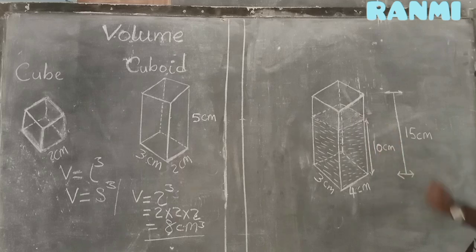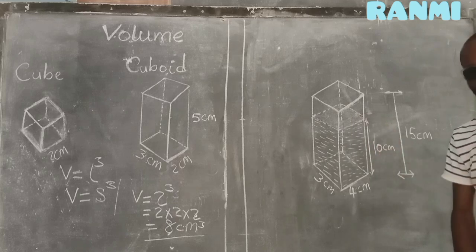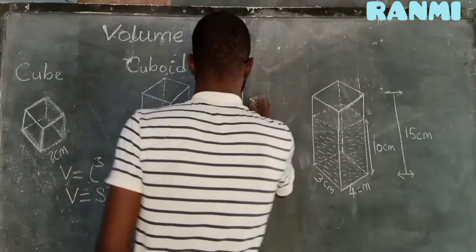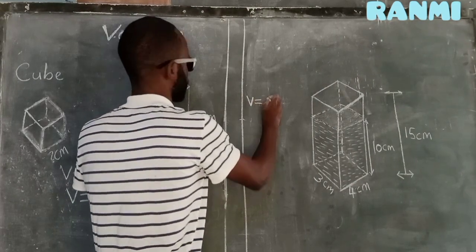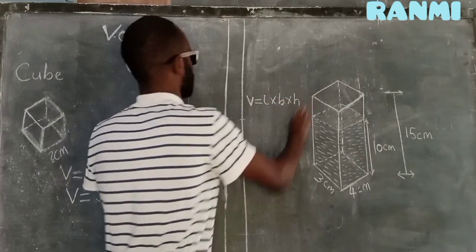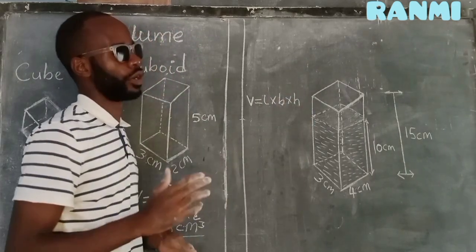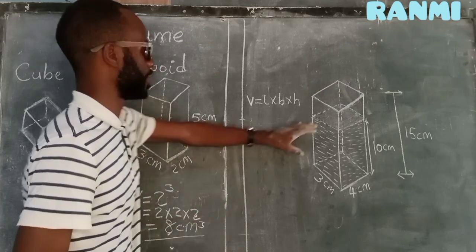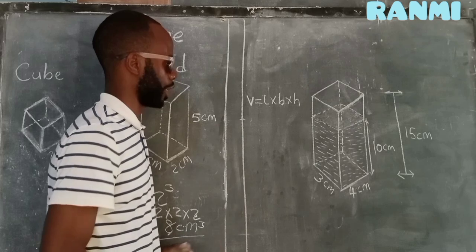This is 10 centimeters. We can use the formula for the cuboid, which is volume is equal to L times B times H. Now, remember that we are calculating the volume of the liquid which is inside of the cuboid container.